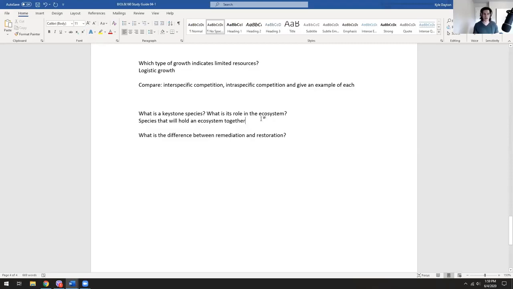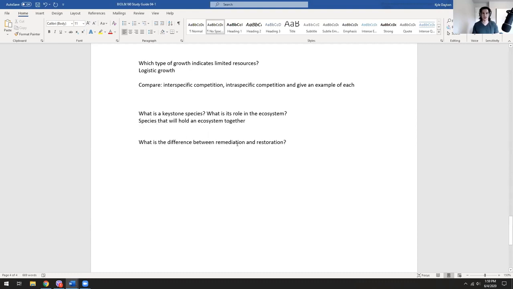The example that we used in class was starfish. We know that starfish are a predator for mussels, but if we remove all those starfish, the mussels will become overgrown and drive out other species, so it'll lower the biodiversity. So that would make starfish, the predator, actually a keystone species.